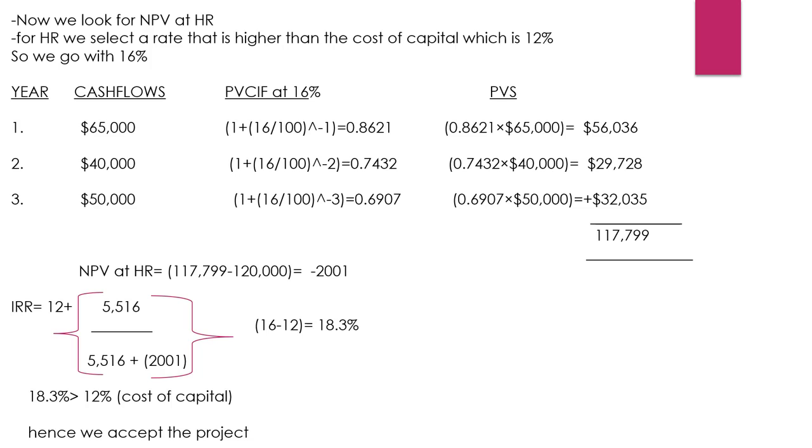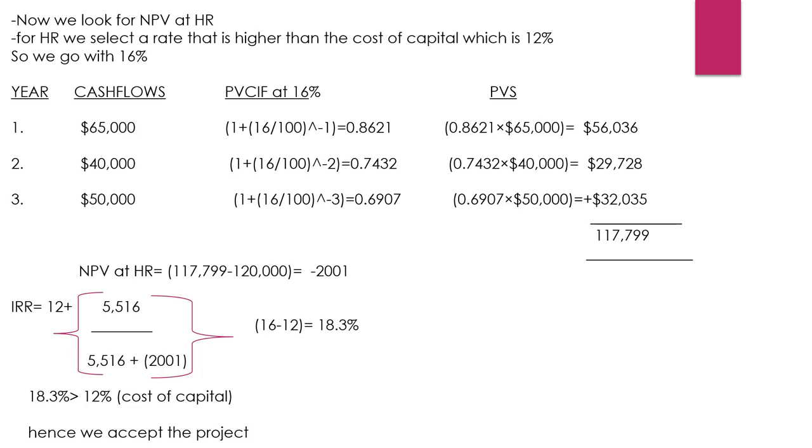Remember, in our decision criteria we said if the IRR is greater than the cost of capital, we accept the project. So in this case it is greater, thus we accept the project. So I believe you followed me step by step, and now you understand this concept and how to calculate the internal rate of return.